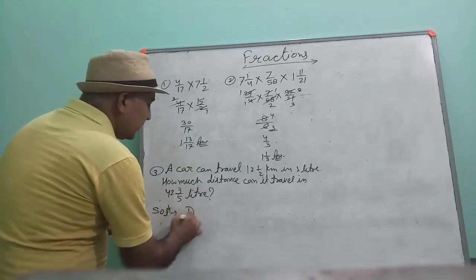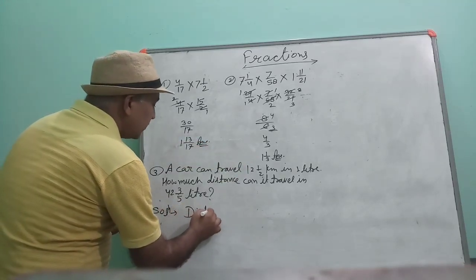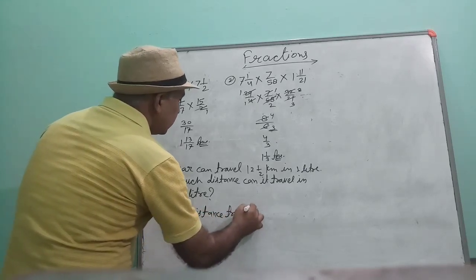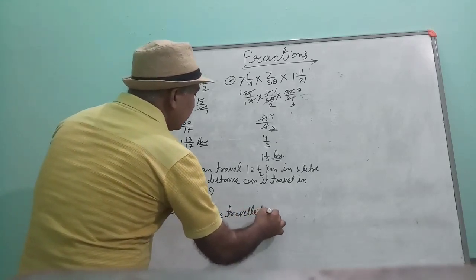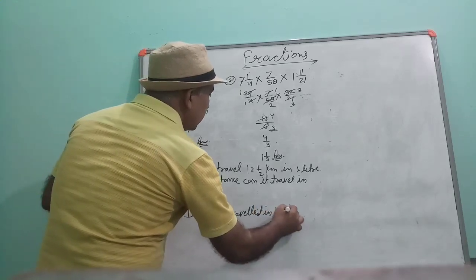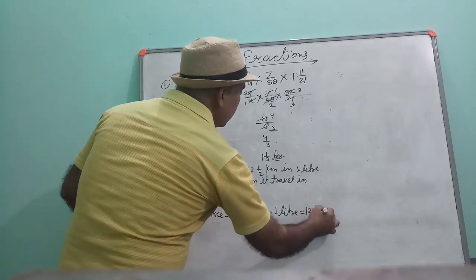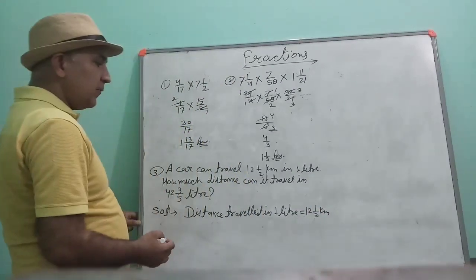So how to solve it? First you will write distance traveled in 1 liter is equal to 12.5 kilometers.